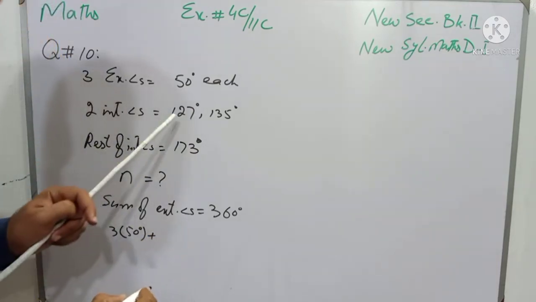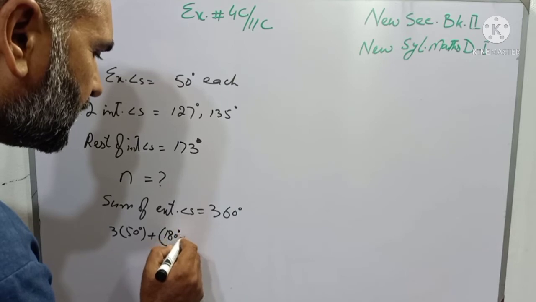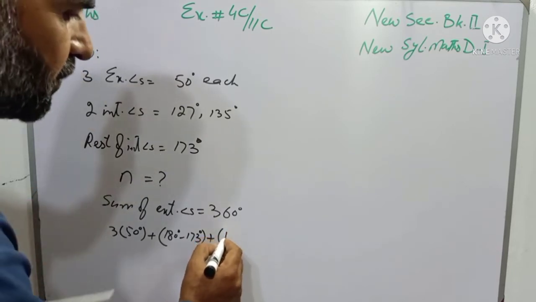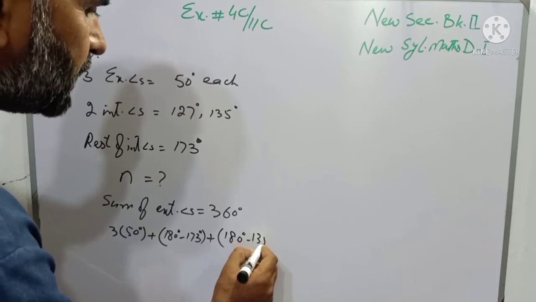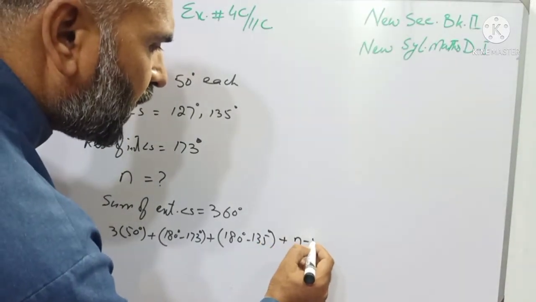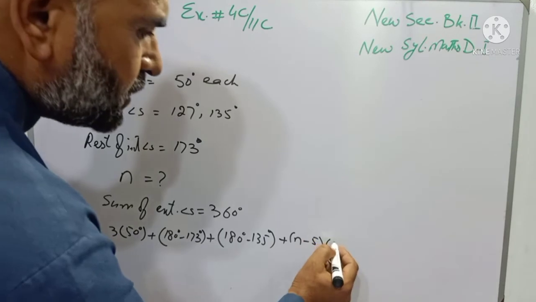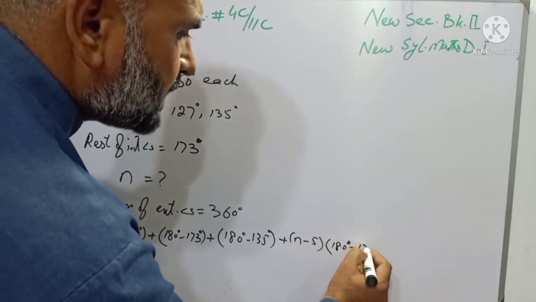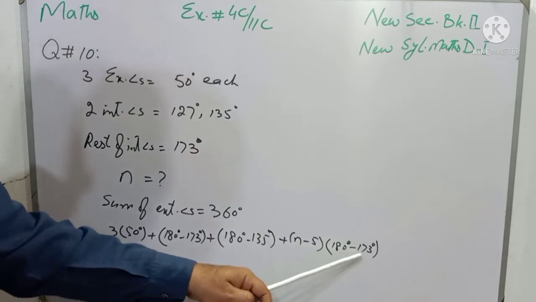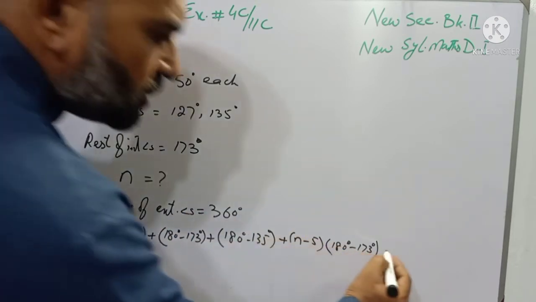Then one exterior angle is 180 degrees minus 127 degrees, plus the next exterior angle, 180 degrees minus 135 degrees. And the rest of the exterior angles will be plus n minus 5, because 5 exterior angles are given, into 180 degrees minus 173 degrees, because 173 is an interior angle and to find the exterior angle we subtract it from 180 degrees. The sum of all exterior angles is always 360 degrees.